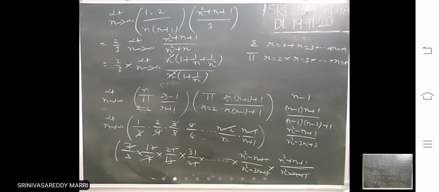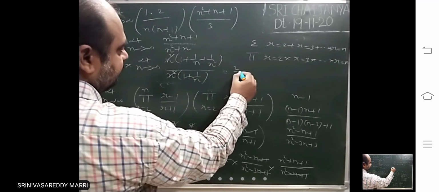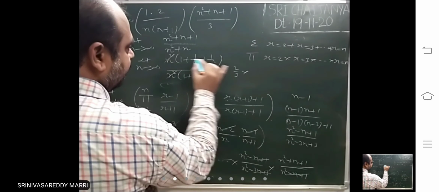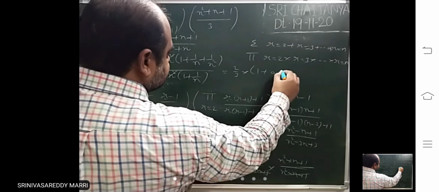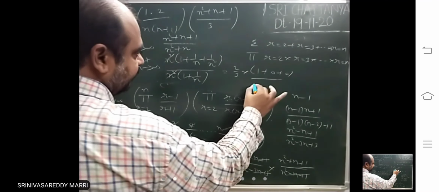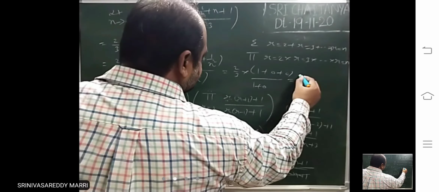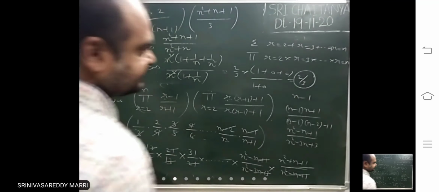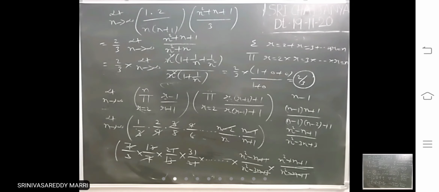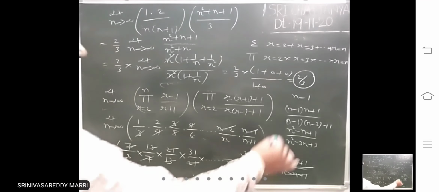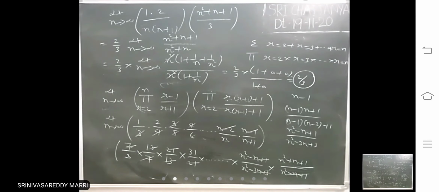So that means 2 by 3 into 1 plus 0 divided by 1 plus 0. 2 by 3. This result you have to remember. That result is very important. In between the problems, whenever you got 2 by 3, that result, limit n tends to infinity.